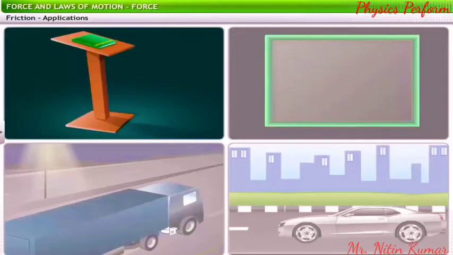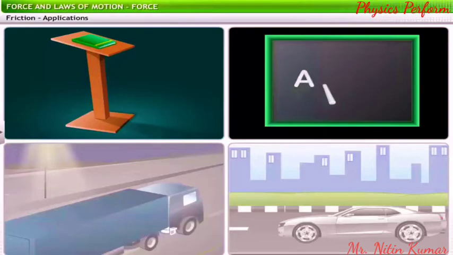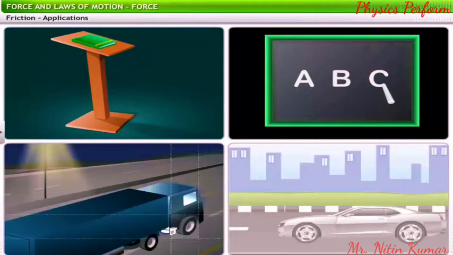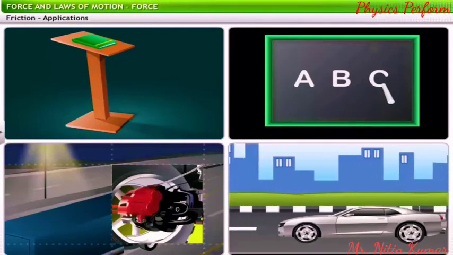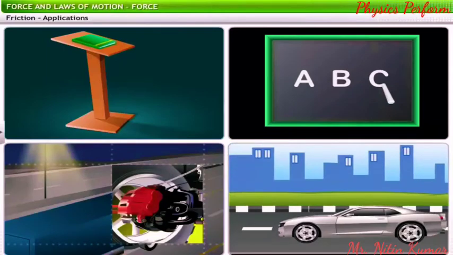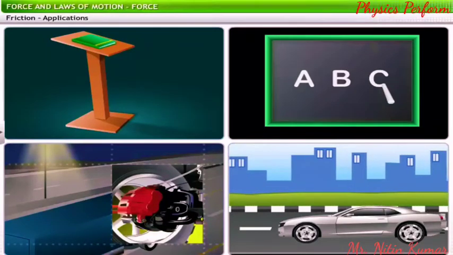Some examples are objects lying on a slightly inclined plane, pens, pencils, and chalk in use, automotive brakes, and force between vehicle tires and the road when in motion.